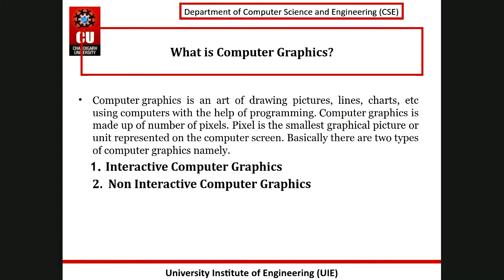There are different types of transformation. What is the definition of transformation? Transformation means to change the object from one form to another form. If a particular object is given in one form, then we can change it into another form with the help of transformation. And the transformation is of many types.